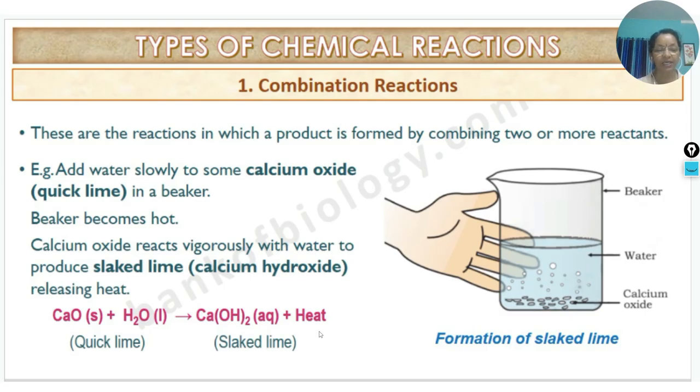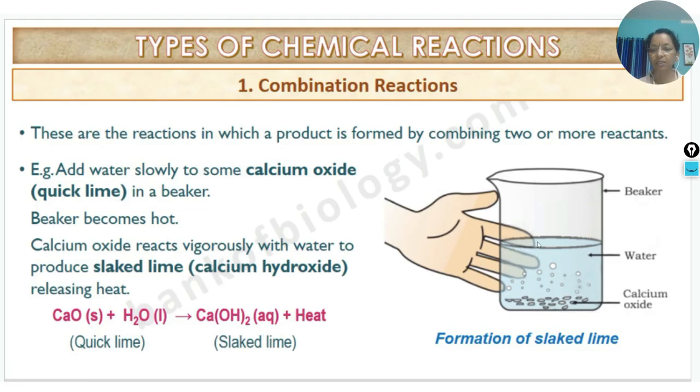So here this is a combination, two elements combine to form a single compound, but along with the reaction we are getting heat also. So this is a combination reaction, and at the same time it is an exothermic reaction.